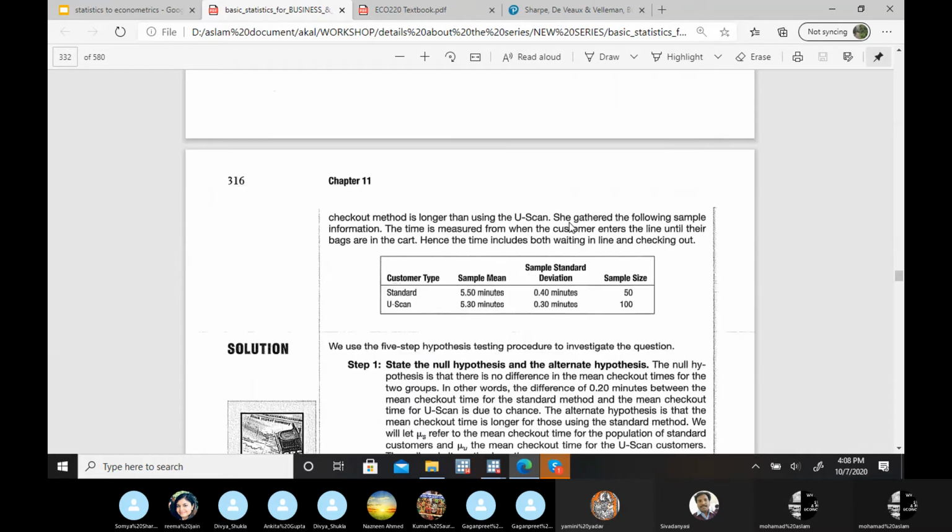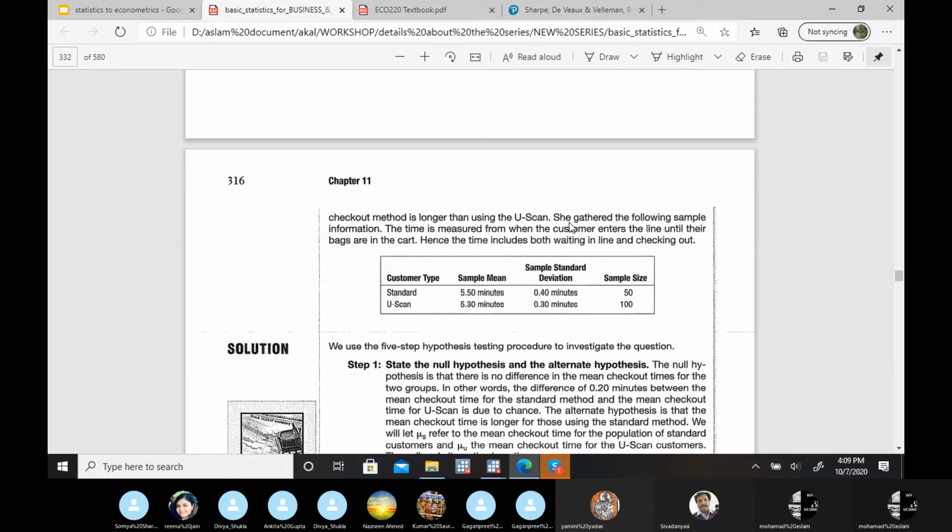So let's suppose for simplicity this is the information. We have the sample means for both groups, the standard deviations for both groups, and the sample sizes. Now, what we are actually interested in, in this particular case, is the mean times of 5.50 minutes and 5.30 minutes.